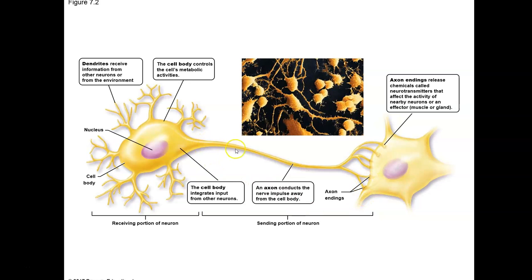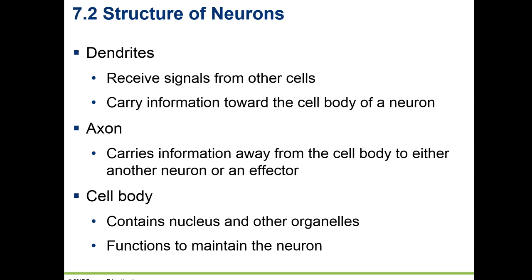So an axon conducts the message away from the cell body. Dendrites receive the signal and carry that information towards the cell body. Axon, A for away, carries information away from the cell body. They carry the information to another neuron or to an effector. Cell body contains nucleus and other organelles.